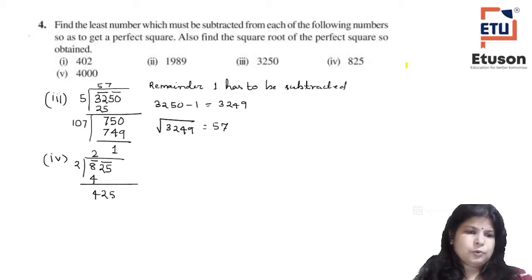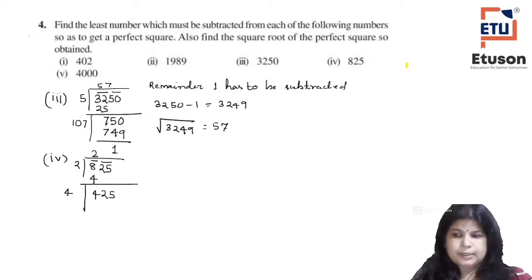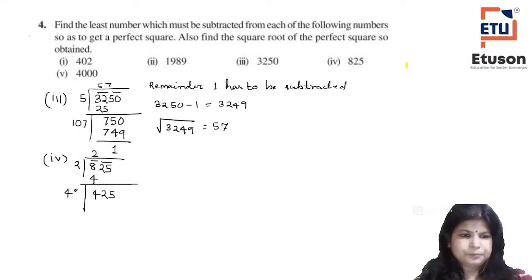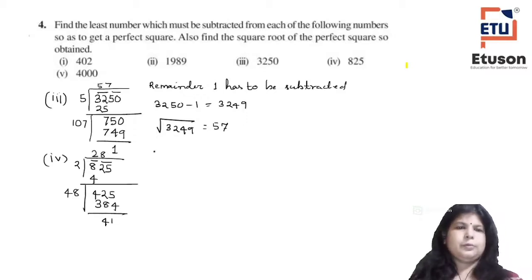So you have 2 square 4, then remainder is 4, 425. Then you have 2 into 2, that is 4, then because it is 425, I can take 8 over here, so 48 into 8. So you will get 384 and the remainder is 41.